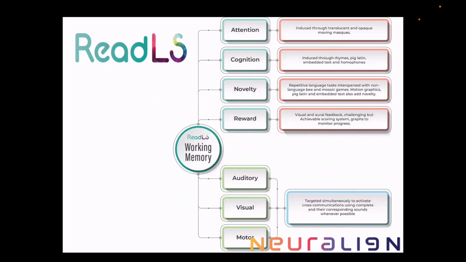So ReadLS, we target attention, cognition, novelty, and we give rewards. And we work with the auditory system, the visual system, and the motor system. And all of this is needed in order for the brain to read properly.